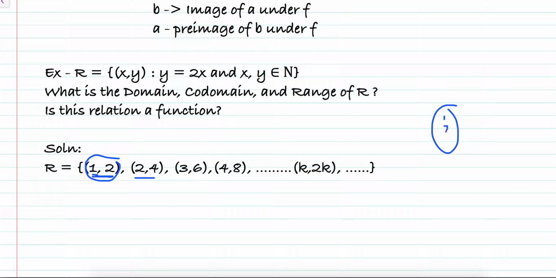So 1, 2, 3 and so on. So double of 1 is 2. It's not that double of 1 is some other number also. So there will be just a single arrow from 1. So 1 will form part of one pair only as a first element. So clearly this will be a function.